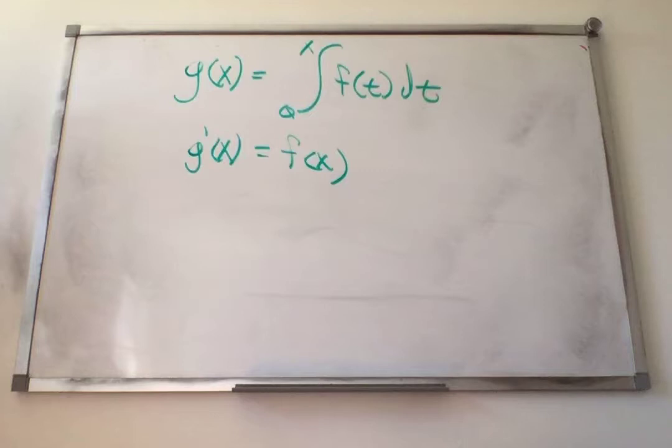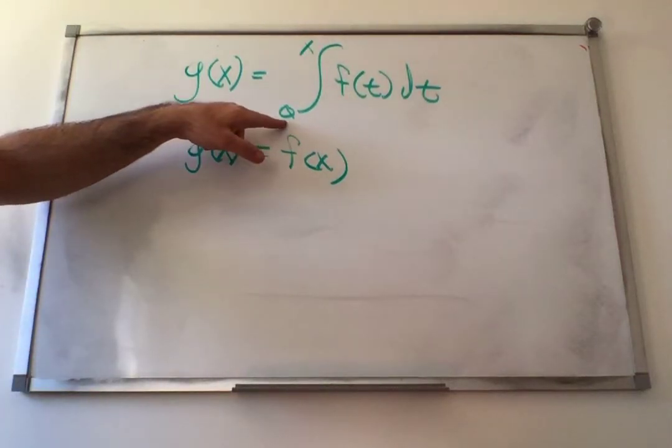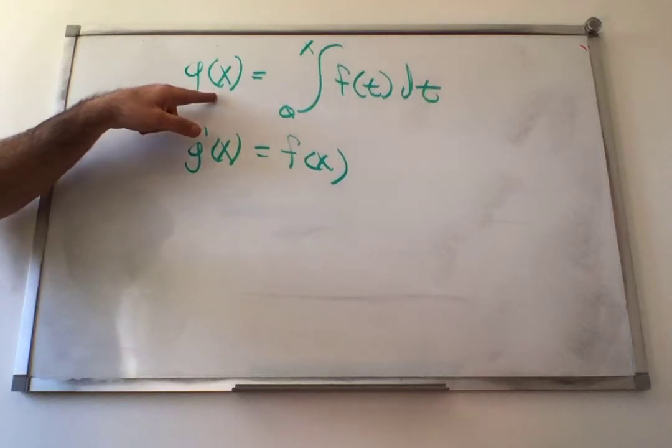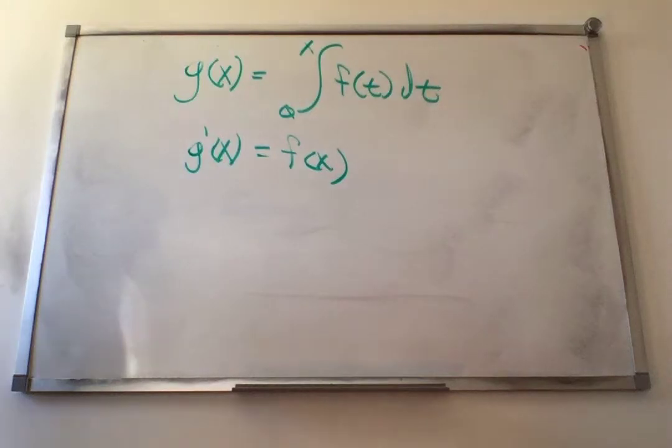So this is what the first part of the fundamental theorem of calculus is saying. It is saying that you can take the integral and turn it into a function. When you turn it into a function, this function happens to have the properties that it's continuous and differentiable on the same interval that f was defined.